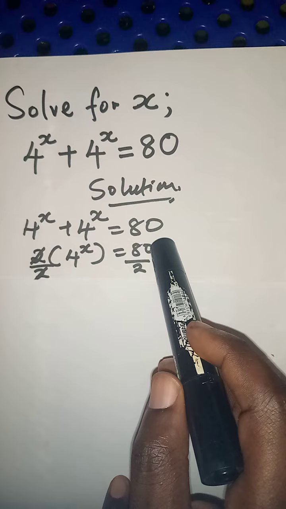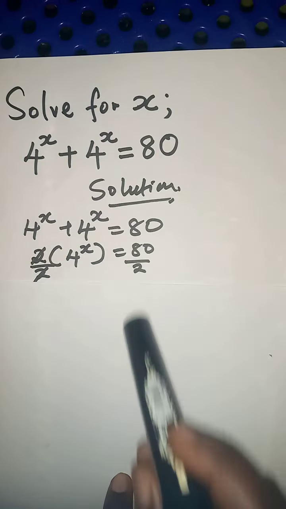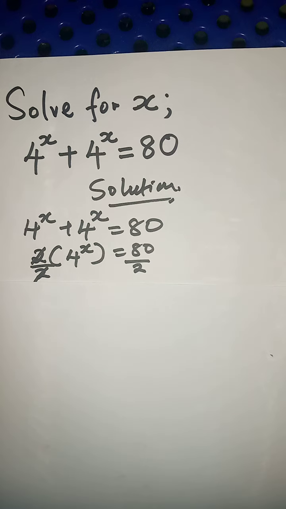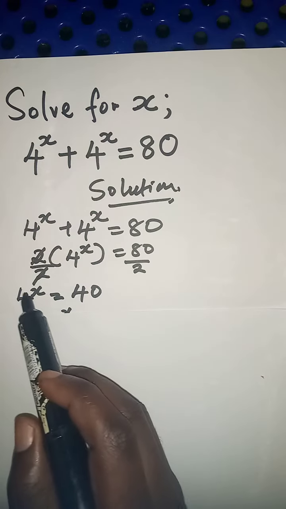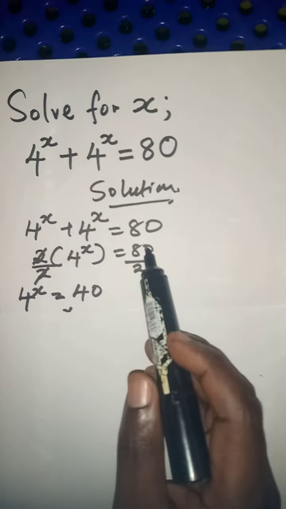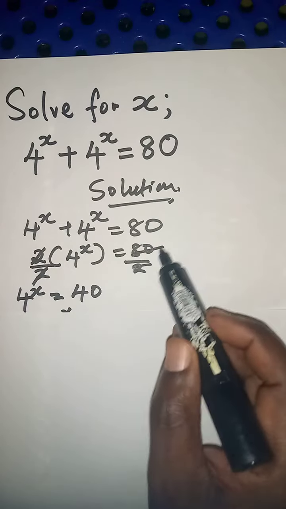Then the next step, I'm going to divide all through by 2, so that I have the left hand side as 4 raised to x. This is what remains on my left hand side, equals, if you divide this, you get 40.